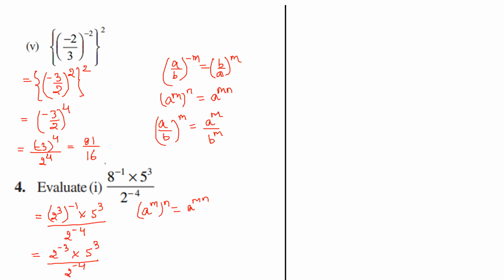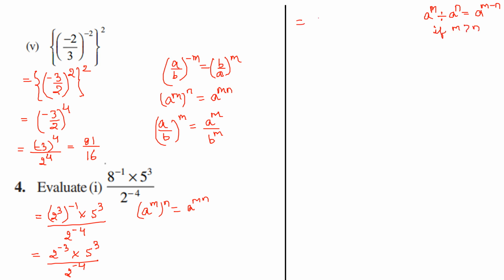Now if you see here, in the numerator and denominator, base is 2, isn't it? Base is 2 and power is minus 3 and here is minus 4. And minus 3 is greater than minus 4. So again I am going to use my division law. The division law is a to the power m divided by a to the power n is equal to a to the power m minus n, if m is greater than n.